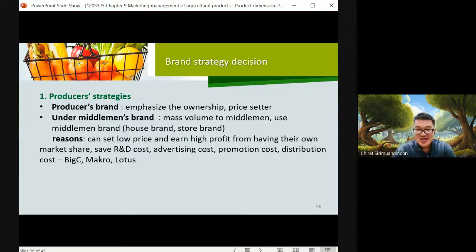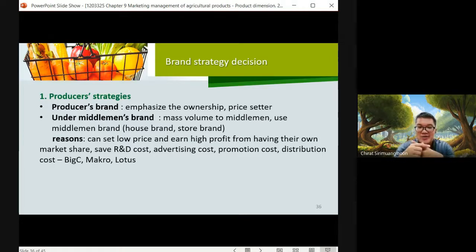For example, you may have heard this word before: house brand or store brand. The key factor for doing it this way is the market share that the brand has. So you do not need to focus on the cost that will happen.